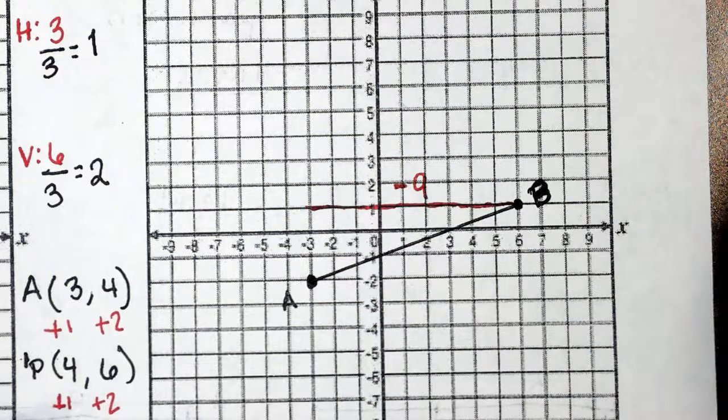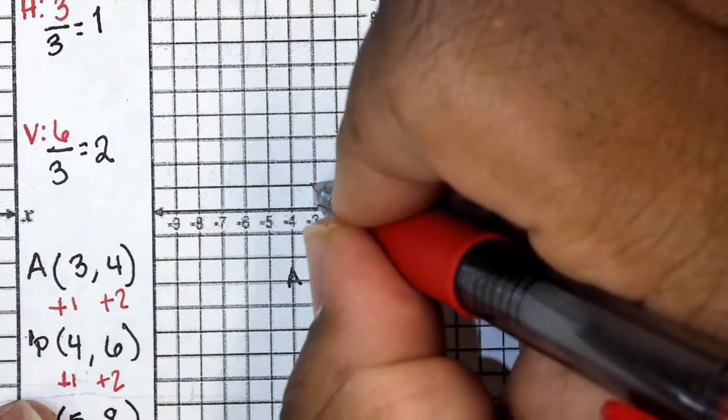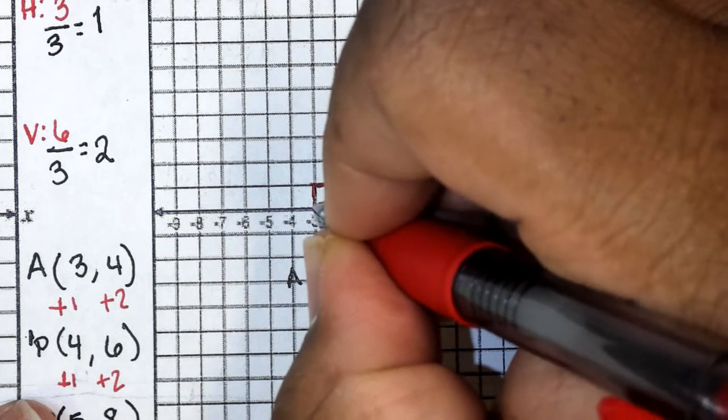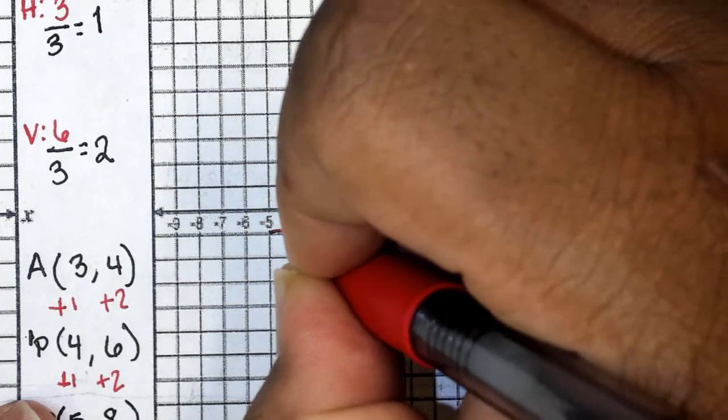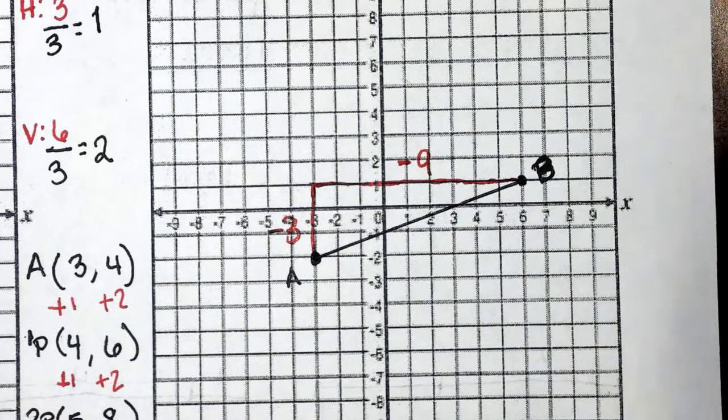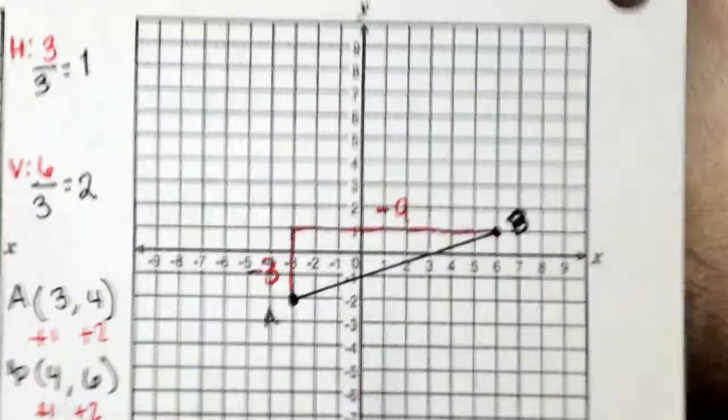And then from B to A, we're going down. Down how many spaces? -3. That's what you want to represent those two as. -9, -3. Alright. Out to the side, like I said, we don't have as much room over here, but we can still make it happen.